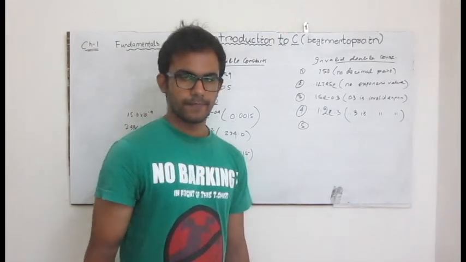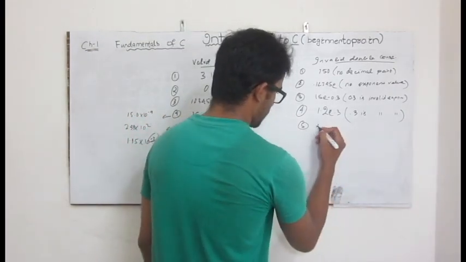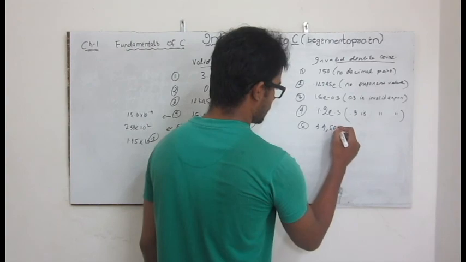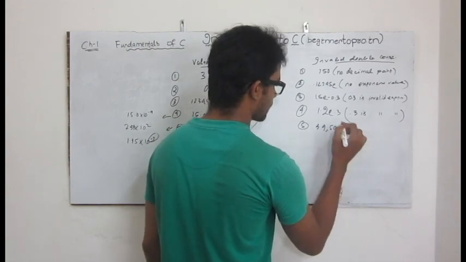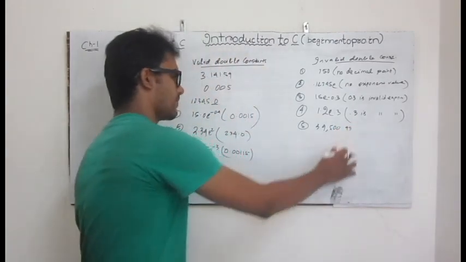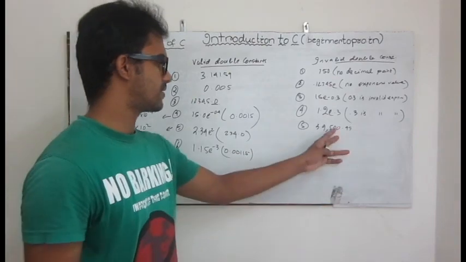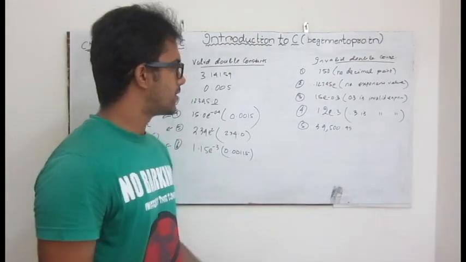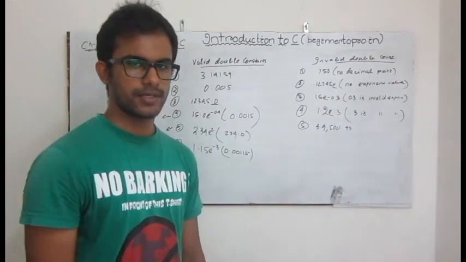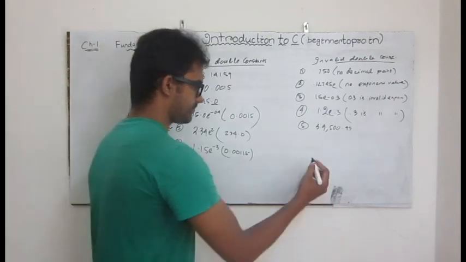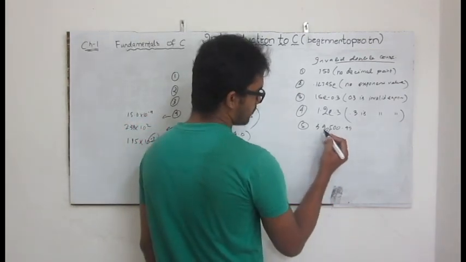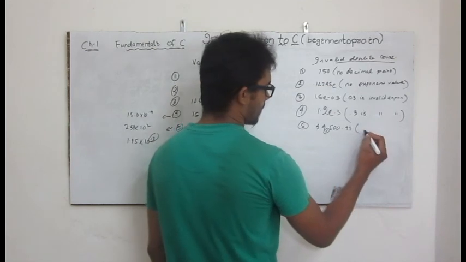Here is another problem, 34,500.99. You might be thinking that this is a valid double value. Okay, no, it's not, because your value must not contain a comma.